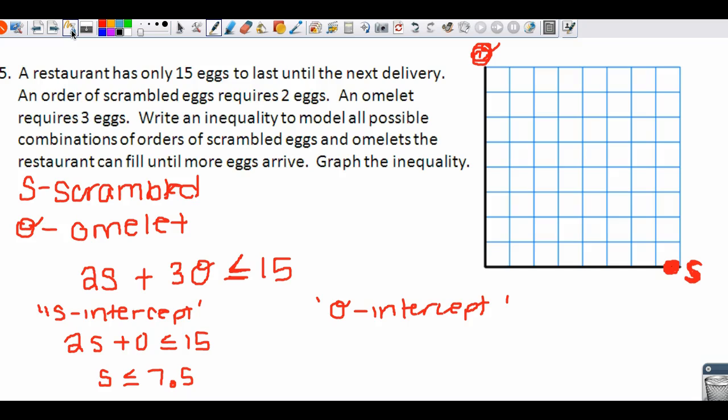And then my O-intercept is if I make no scrambled. So that's 5 omelets. So what that means is any combination of omelets and scrambled eggs that fall below this line can be created that day.